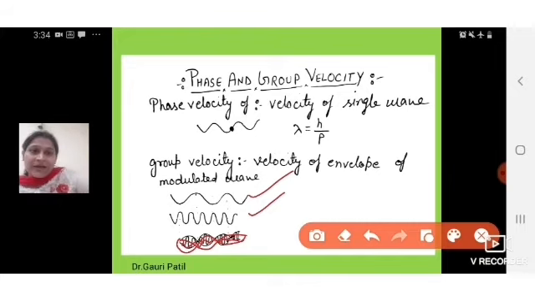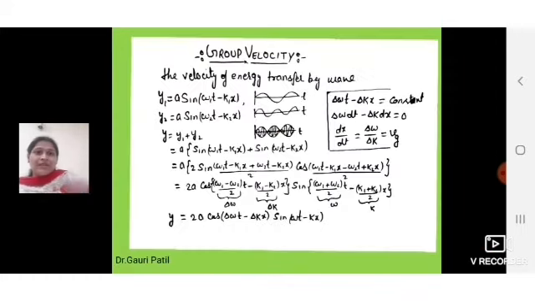The envelope travels with the group velocity, and the wave inside the envelope travels with the phase velocity. So dear students, this is the major difference between group velocity and phase velocity. Now in the next slide we will discuss the derivation of group velocity.